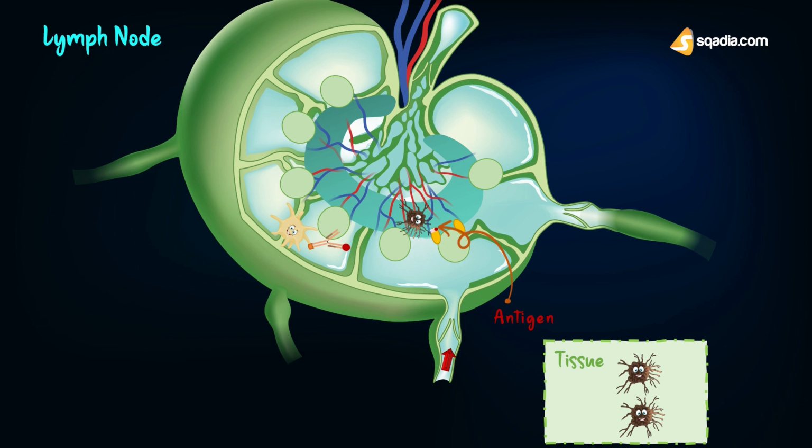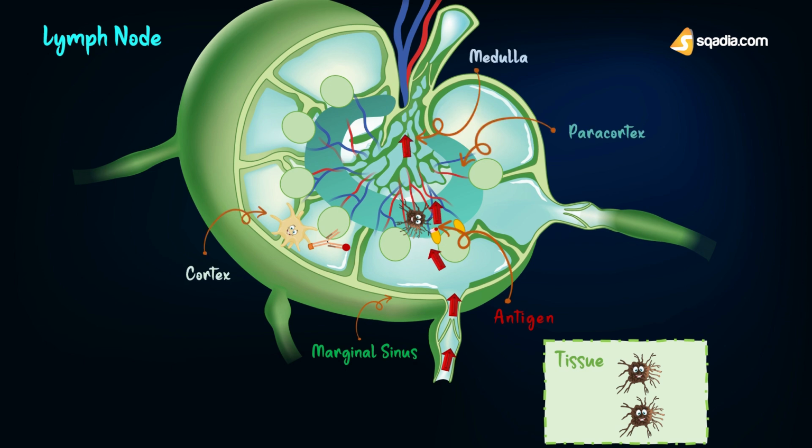When lymph enters a node, it percolates through holes in the marginal sinus, through the cortex and paracortex, and finally into the medullary sinus, from where it exits the node via the outgoing lymphatic vessels, or what we call efferent lymphatics.